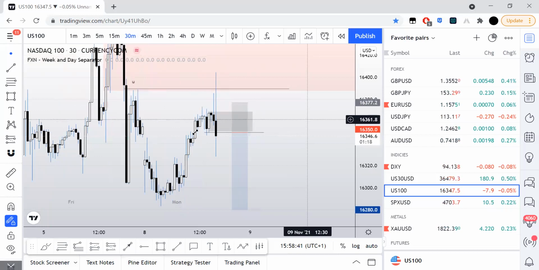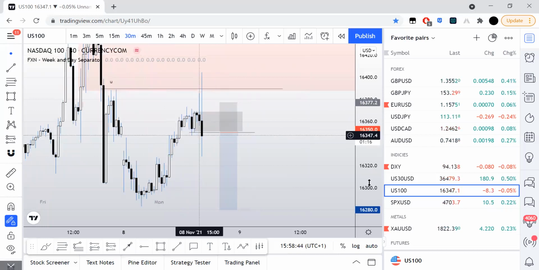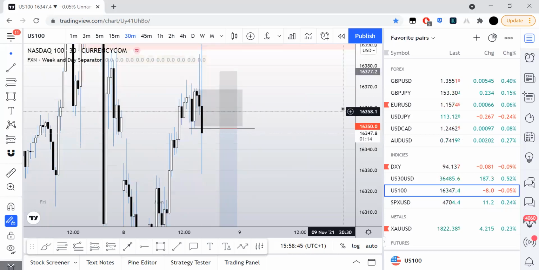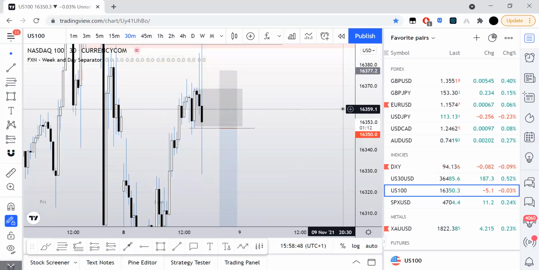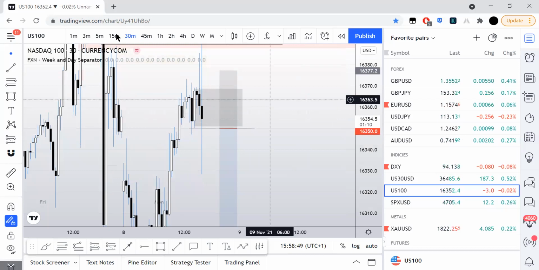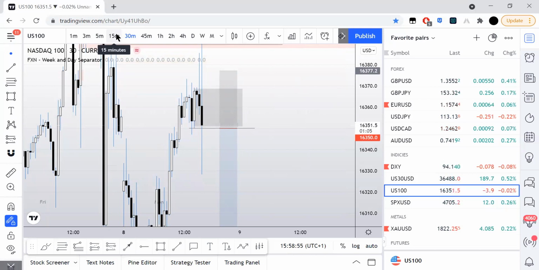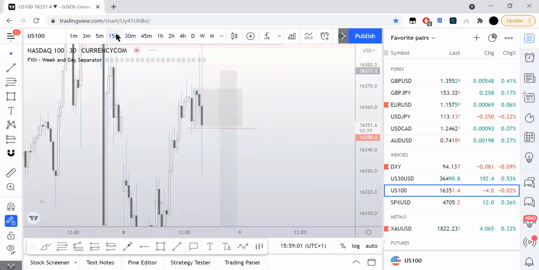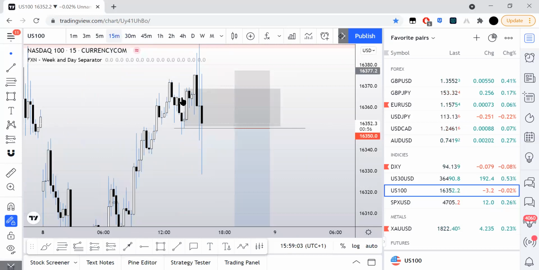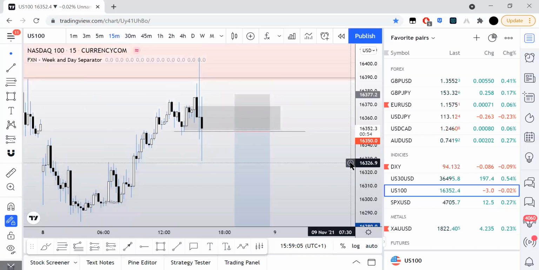I want to see us close below this order block though. Yeah, I'm starting not to like it no more.